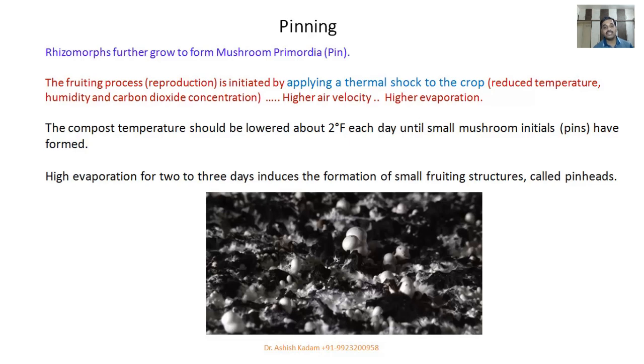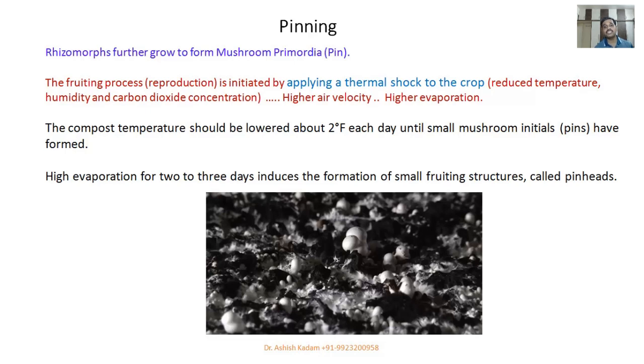If you control all these parameters simultaneously, then only you will be able to cover a gap of 10 to 12 kg of extra production and achieve the target of the yield that people are getting in Europe, in Canada or in other parts of the world.